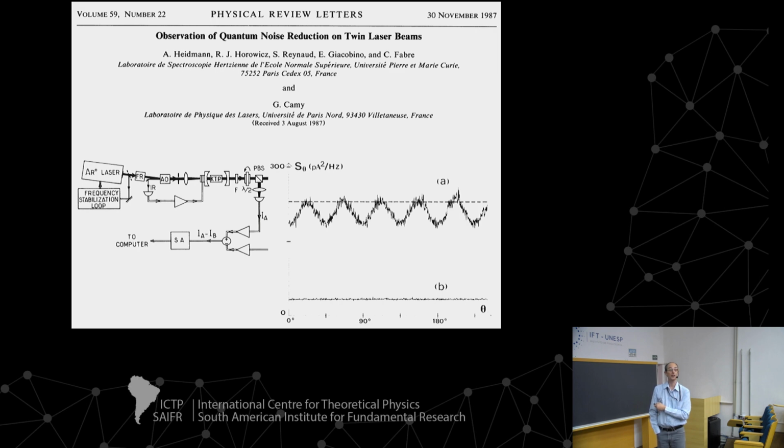How do you measure the shot noise level? You rotate this half wave plate. Now, the signal mode is rotated by 45 degrees and separated half to one side, half to the other side. The idler mode is rotated by 45 degrees too, half to one side, half to the other.